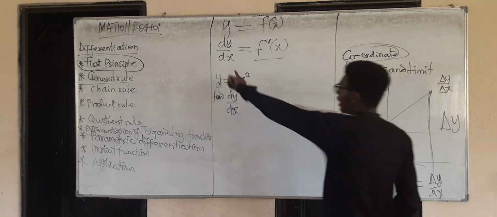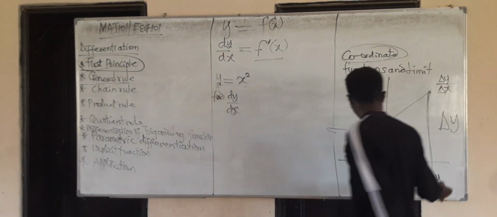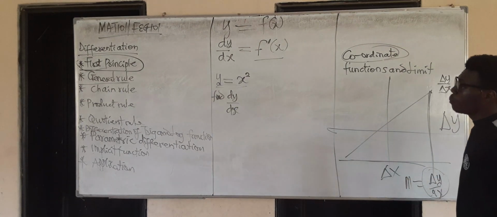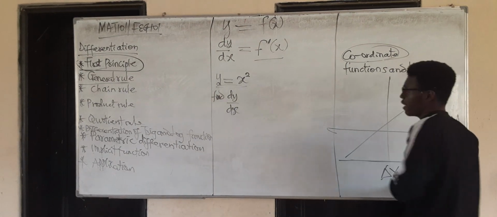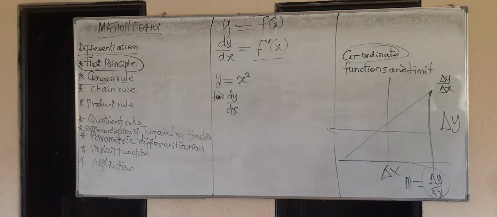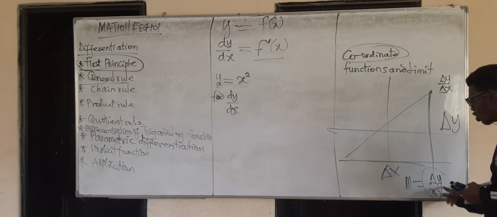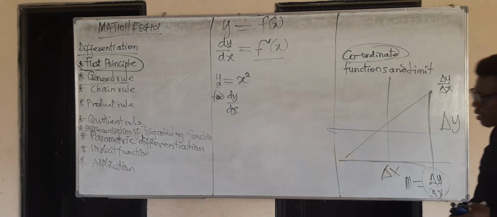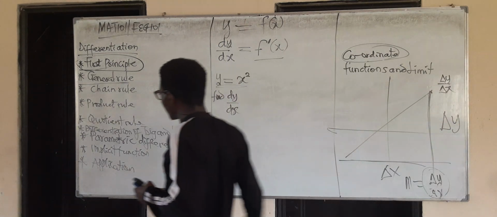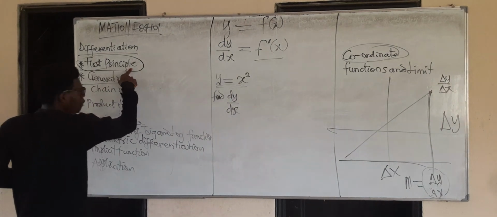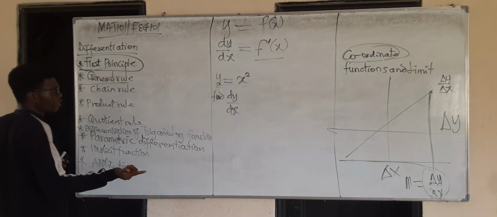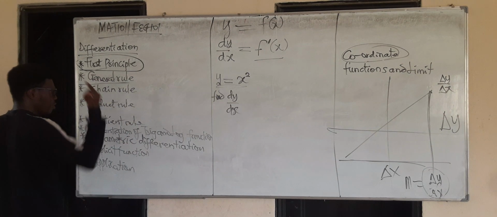So dy over dx is somehow related to this. But before you call this dy over dx, you are going to take the limit of change in x as it approaches 0. That is where we would have met first principle, but because it is not pen on paper, we just bypass it.